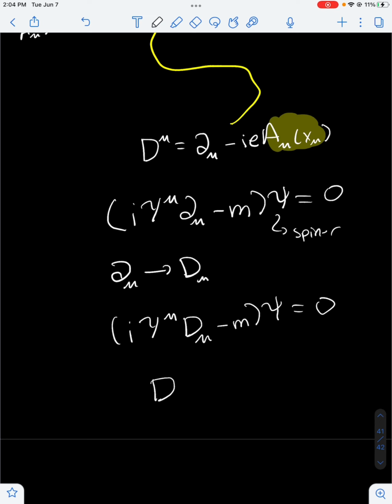And since D mu equals partial mu minus i e a mu, we can plug that in, and we would get an equation that relates the spinor field to the EM potential.